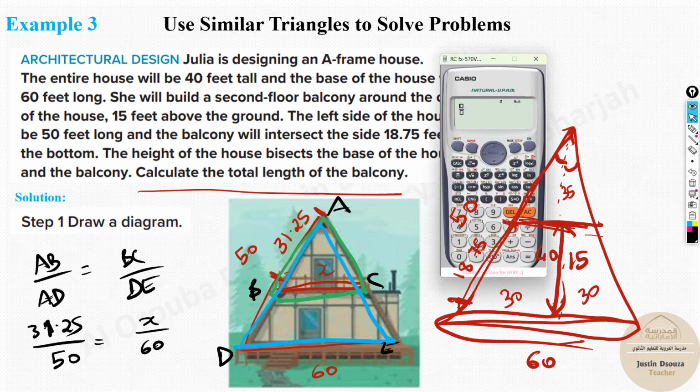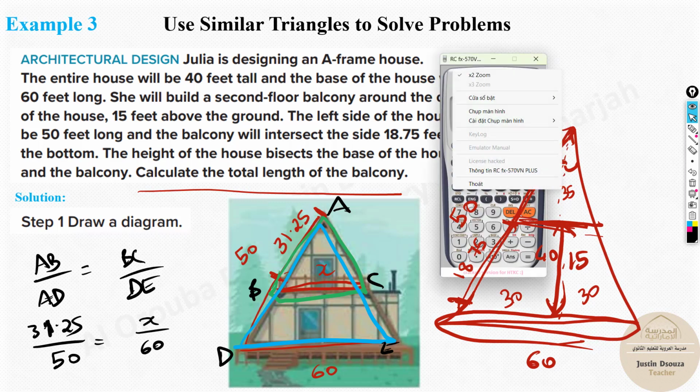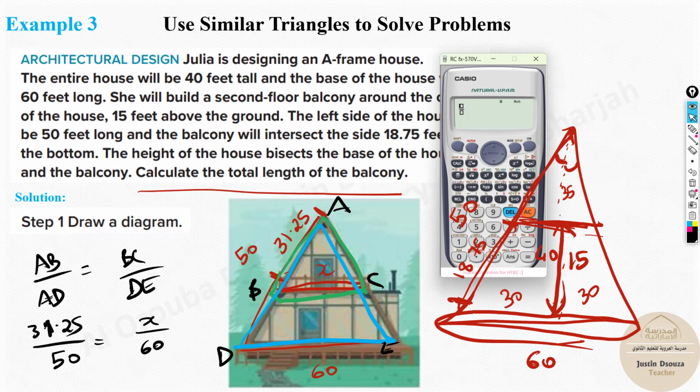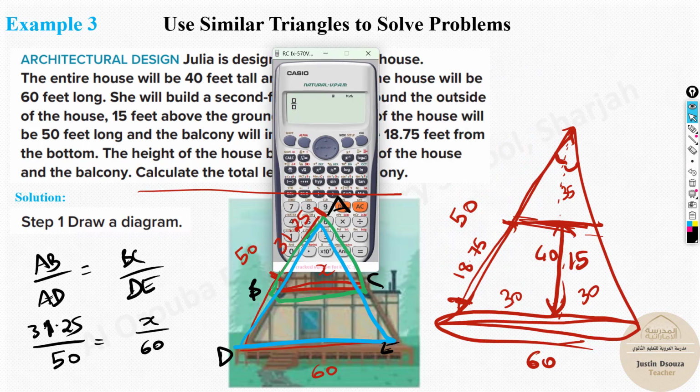I'll just use the calculator to save time here. Now here, what is it? 31.25. Let me bring it here. 31.25 divided by 50 must be equal to x divided by 60. Shift and solve, you will get the answer 37.5.